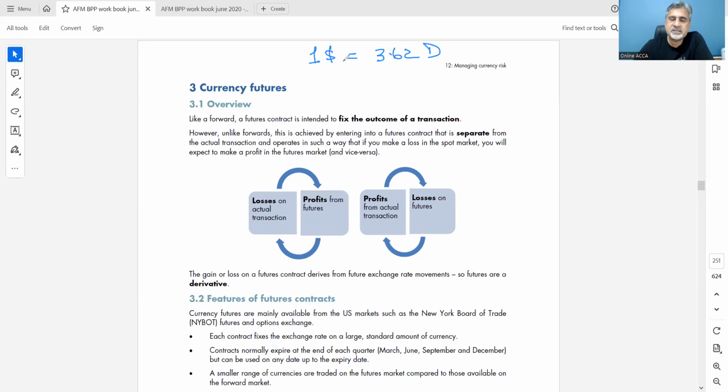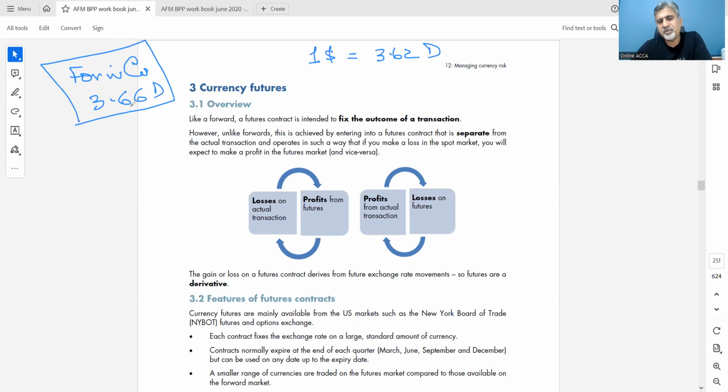You have to pay someone $1 million in 3 months' time, and you want to hedge yourself, protect yourself. You talk to a bank or another party for a forward contract, and they say they will charge you 3.66 dirhams for $1 million in 3 months' time.